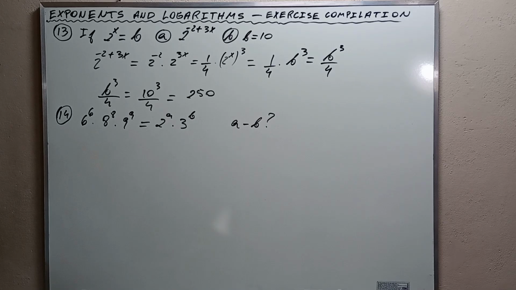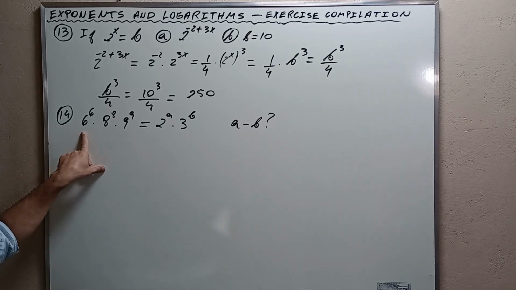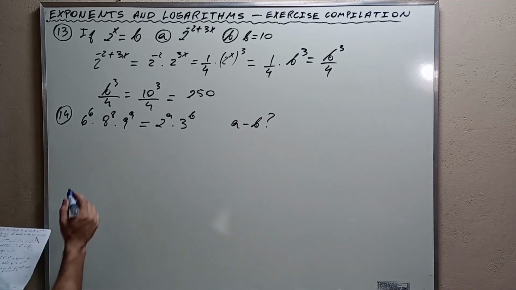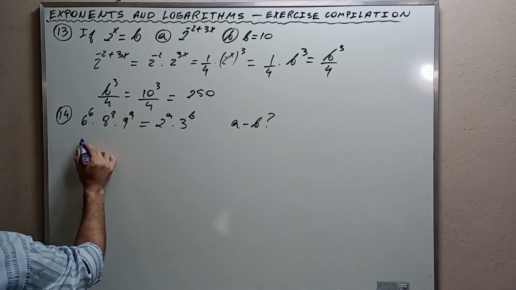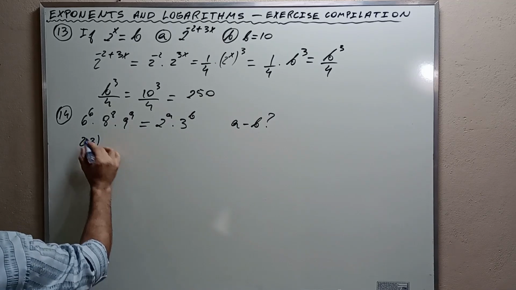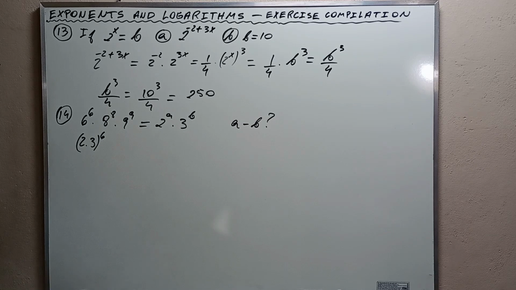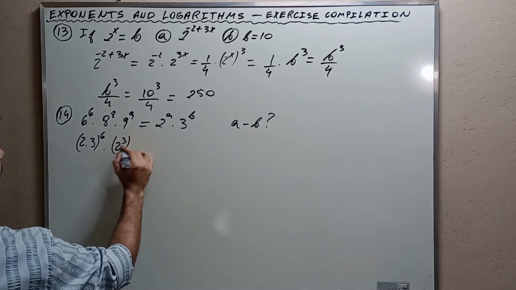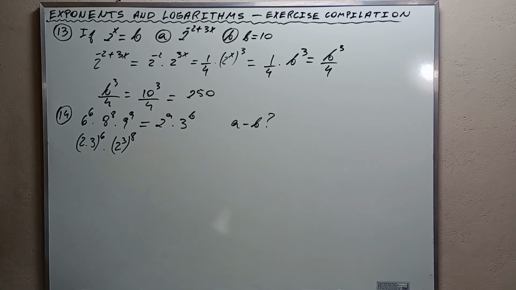Okay? So 6 is 2 times 3, isn't it? Then we're going to have 2 times 3 to the 6th power. And how about 8? 8 is 2 cubed, isn't it? Then 2 cubed to the 8th power.